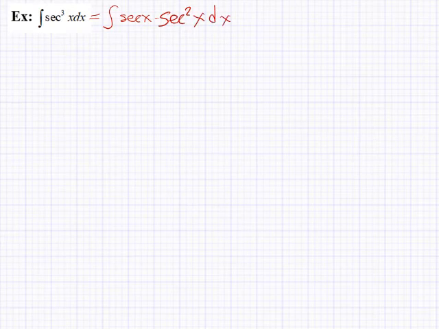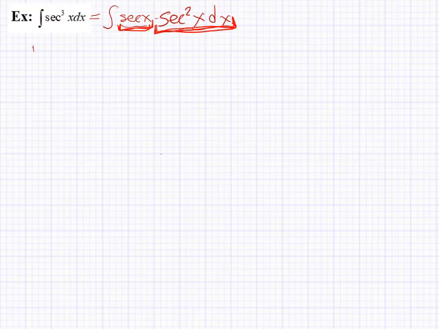I do that because it's still secant cubed, but secant squared is a very easy integral to do, and secant itself isn't too bad when it comes to taking the derivative. Okay? So this is what I'm going to do.